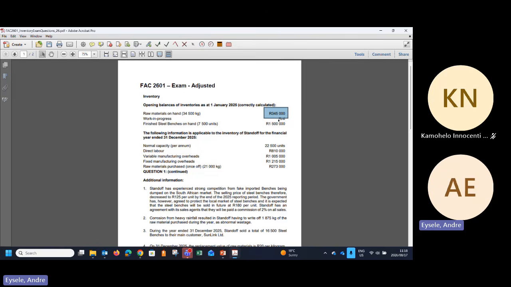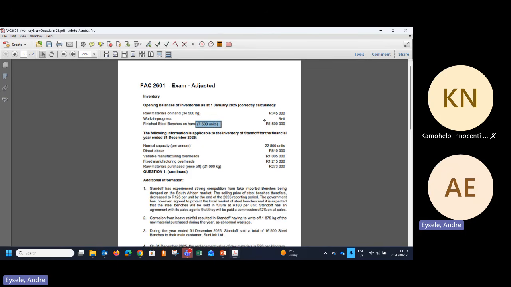Work in progress: there's nothing in work in progress currently. That's zero. Finished steel benches on hand. So, colleagues, what does this represent? This represents your opening stock value because these balances are taken at the beginning of your period and are correctly calculated. So you've got 7,500 units as opening stock. Those are the completed units.